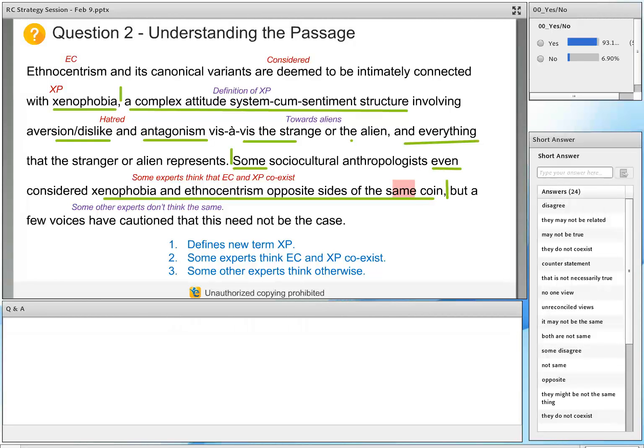There are some experts who think that EC and XP are closely connected. Actually, let me write this down as well. So this is also there from the passage.